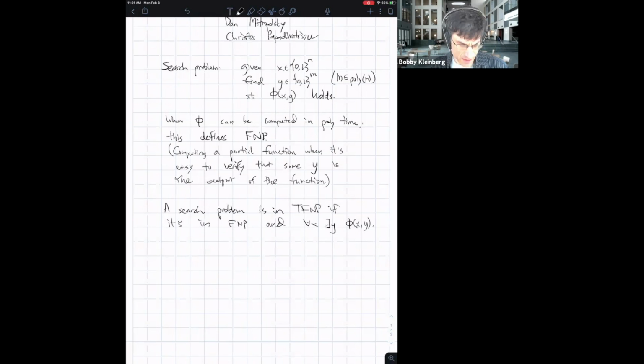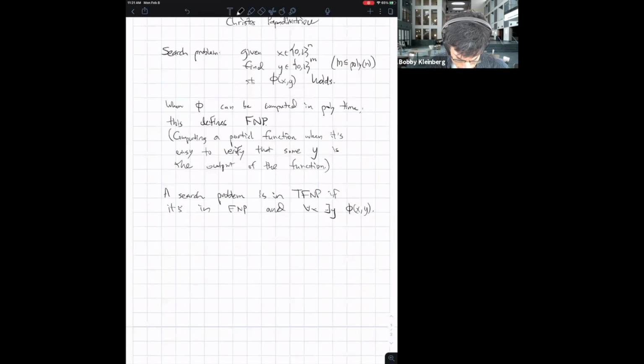Okay, so let me just give you one illustrative example for now. I'll delve into more examples in a second.